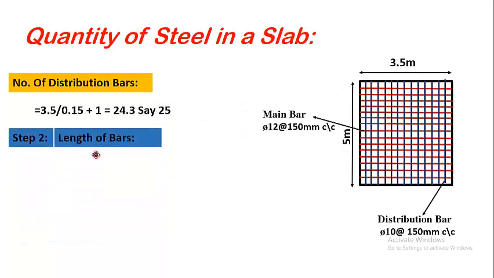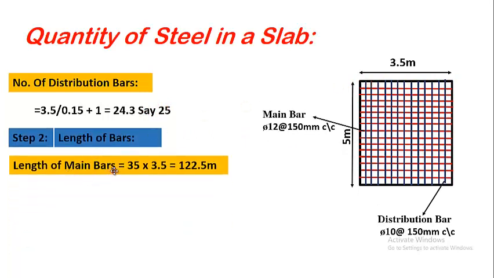Step 2 is the length of bars. For the length of main bars, we will multiply 35 by 3.5. 35 is the number of main bars, and 3.5 is the length of this side, as main bars are placed along the 3.5 meter length. We will get 122.5 meters.